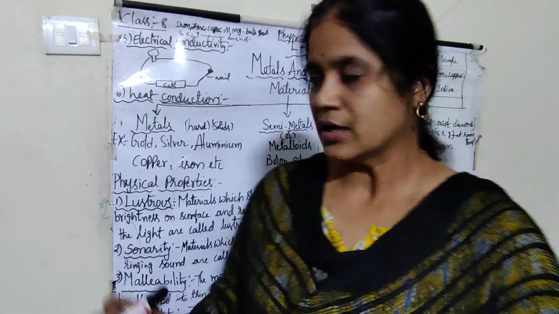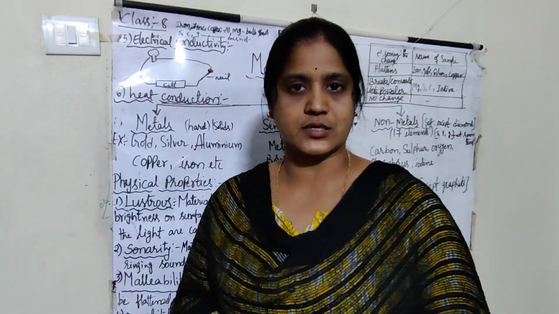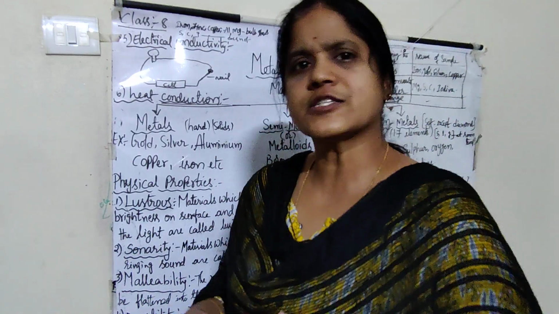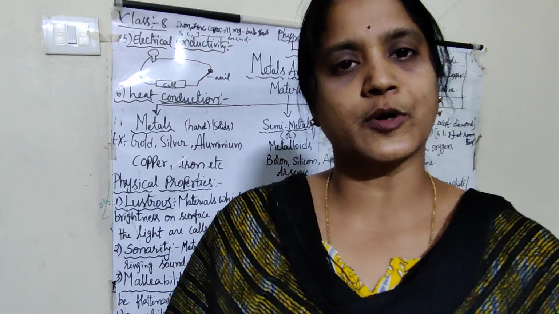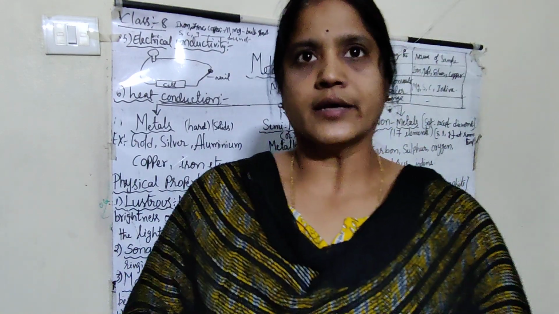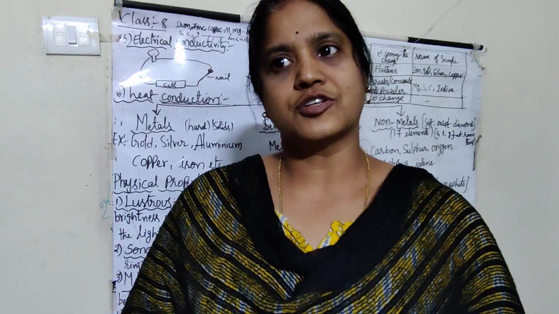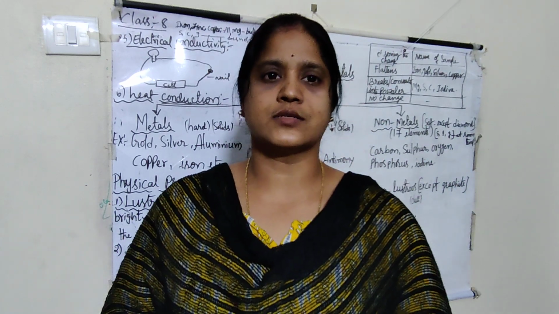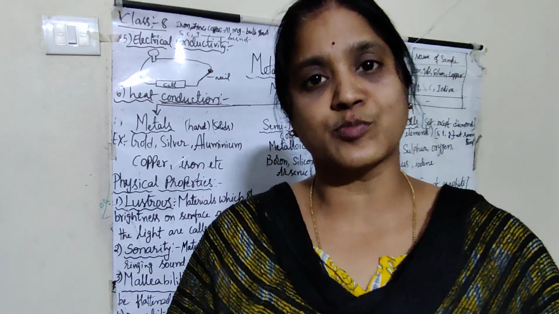Now I'll start with the physical properties of metals and non-metals. The first property is luster. Luster means the materials have a shiny surface and a smooth surface.